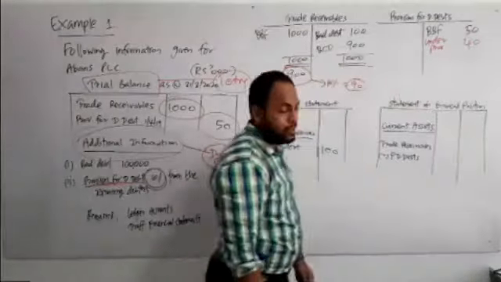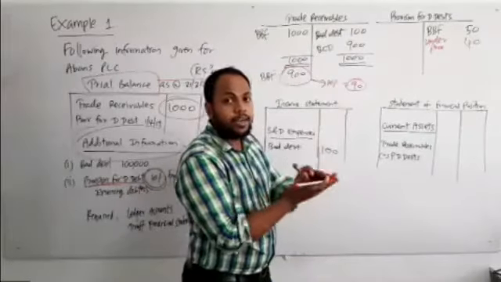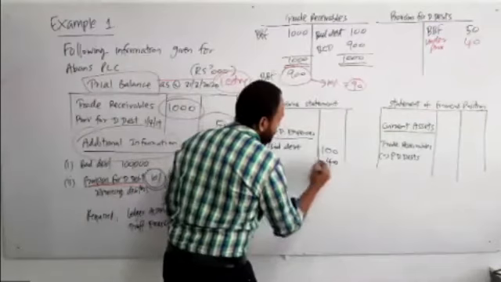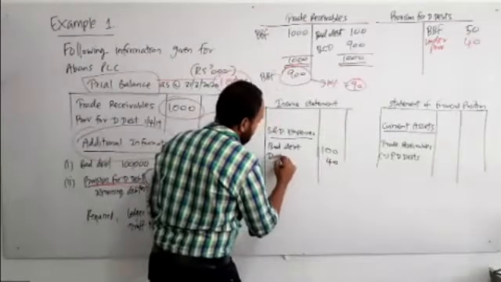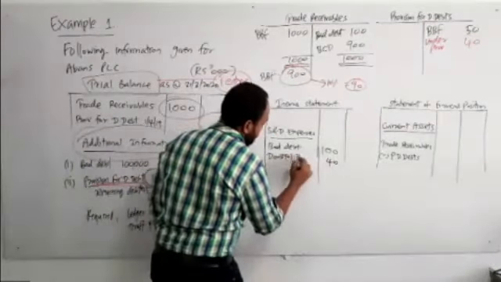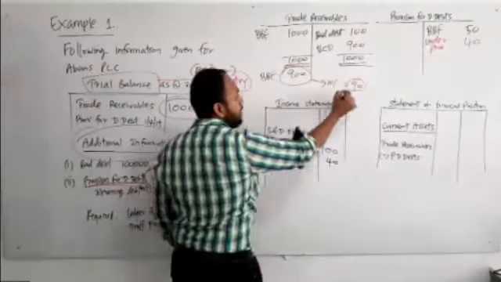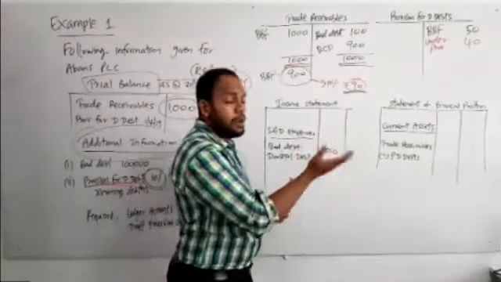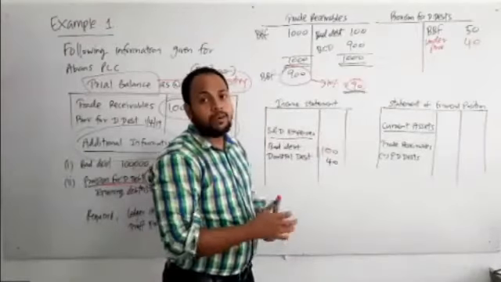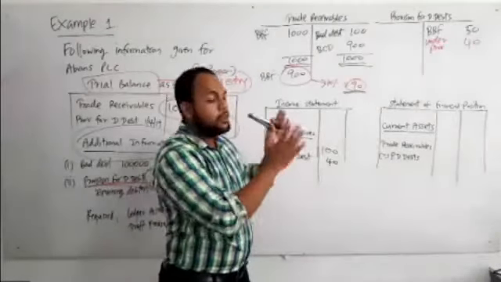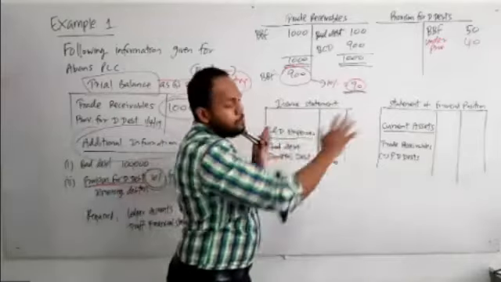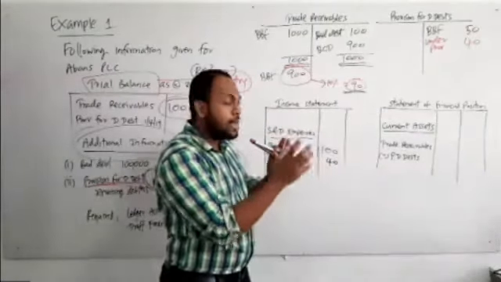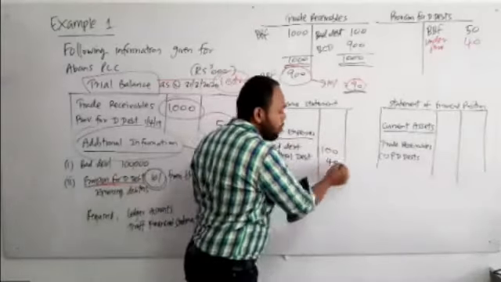Credit, and that 40 is the expense. So the total 90 is not the expense because 50 was already expensed last year. Last year, expense account debit, provision account credited 50. So this year the total should be 90, which means the expense will be only 40.